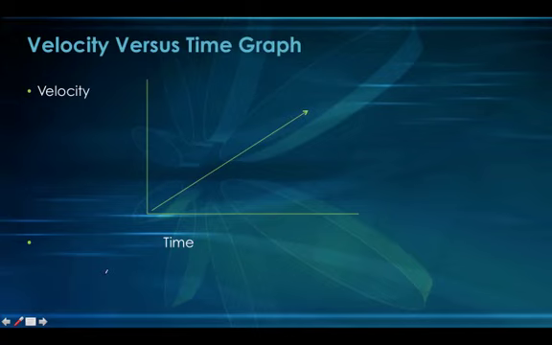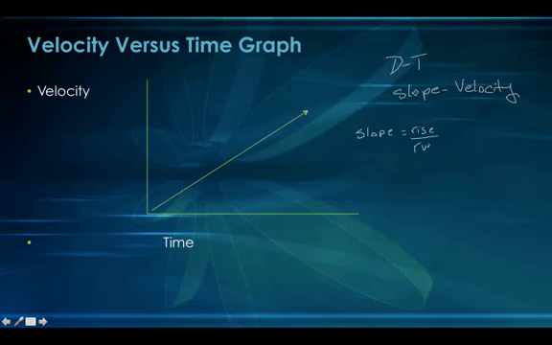Now, on a position versus time graph, or a DT graph, you know that slope is the same thing as velocity. Well, on a velocity versus time graph, the slope is something different. You have to remember that slope is equal to rise over run. So how far did it go up? How far did the line go up?